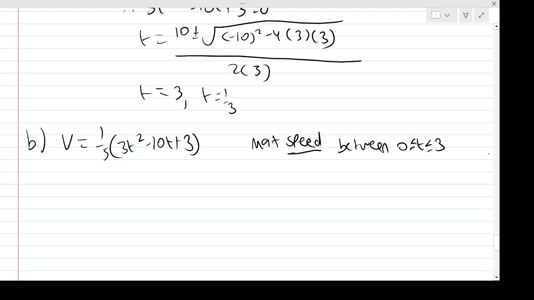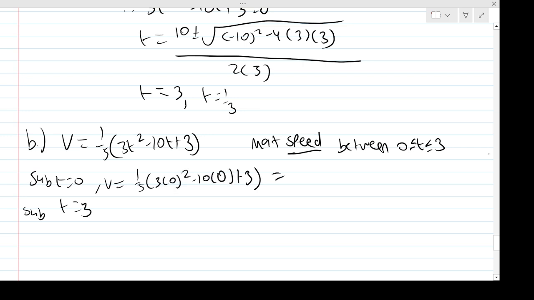Now, before we talk about that, again, instead of sketching a graph, we can just consider the endpoints, the values I'm interested in. So if I sub in t equals 0 and then t equals 3, those are my endpoints. With t equals 0, v is going to be a fifth of 3 lots of 0 squared minus 10 lots of 0, add 3. That will get me 3 fifths, or 0.6.